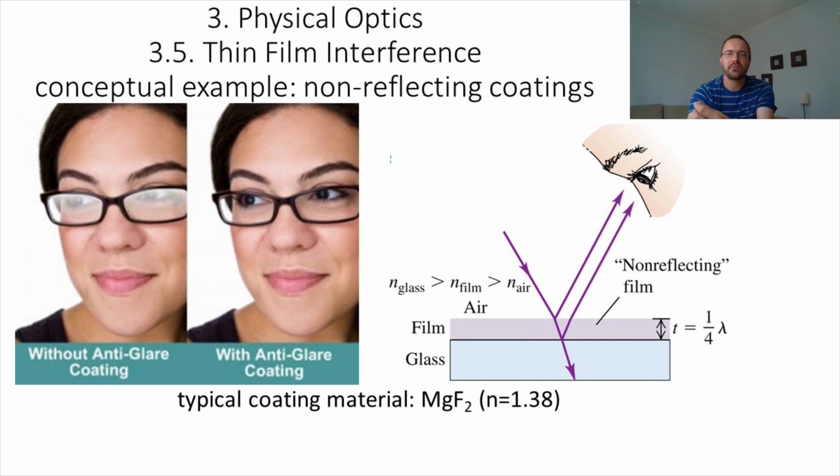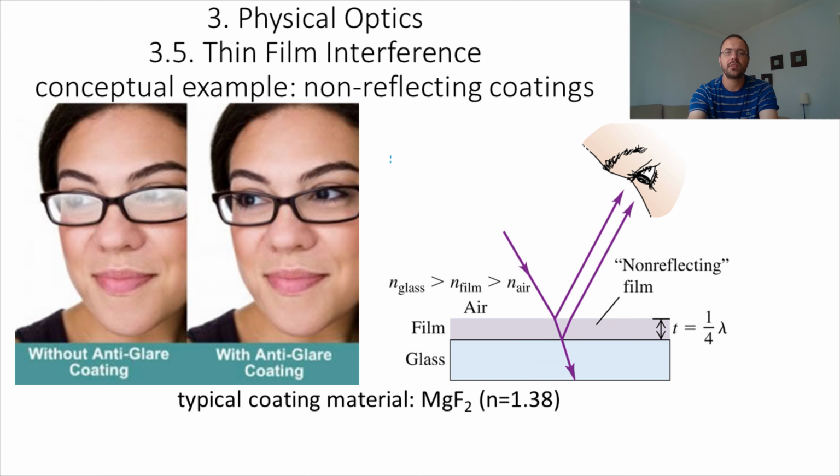And if the thickness of the film is lambda over 4, then the path difference is lambda over 2. So the wave is shifted by half a wavelength and produces destructive interference. And so that means that there is no reflection, because the reflected light interferes destructively.